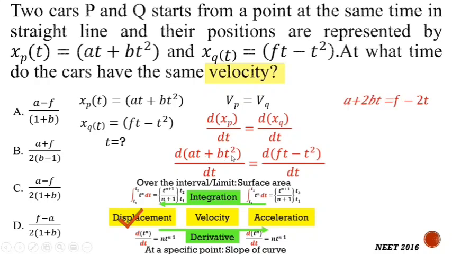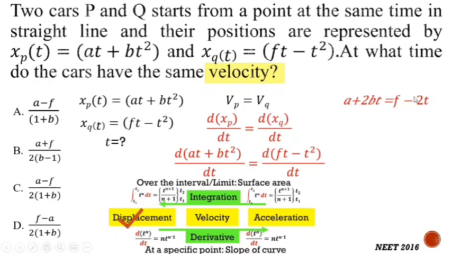Here again this term has power 2, so multiplying by the power it becomes 2b, and reducing the power it becomes 2 minus 1 equal to 1. The output of the differential operation is a plus 2bt. In this case again ft is there, so the derivative of ft is f because t has derivative equal to 1.